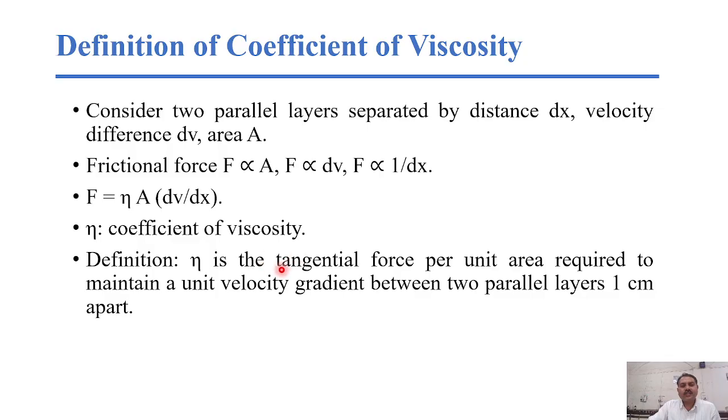So it is the frictional force per unit area required to maintain a unit velocity gradient between two parallel layers which are 1 centimeter apart. So two molecular layers to maintain the velocity of 1 centimeter per second, whatever force is required, that force per unit area is called the viscosity of that particular liquid.